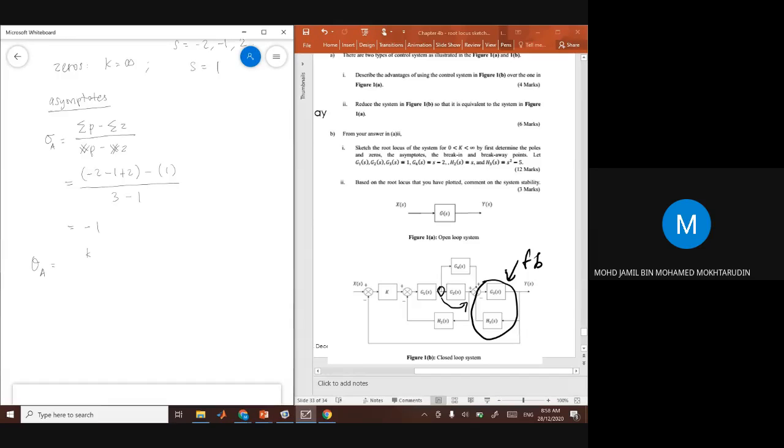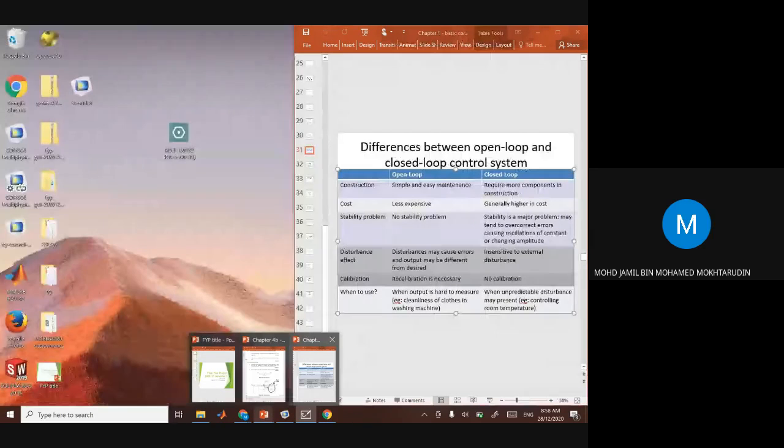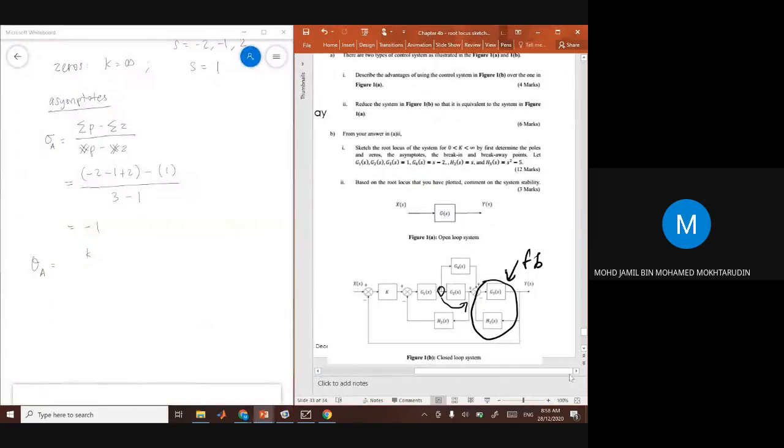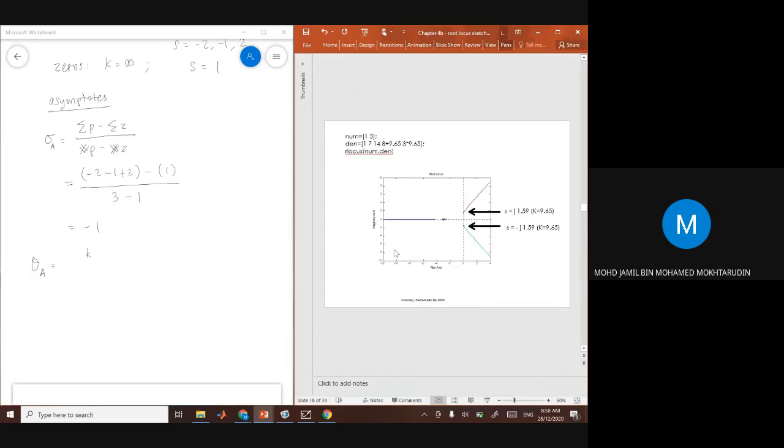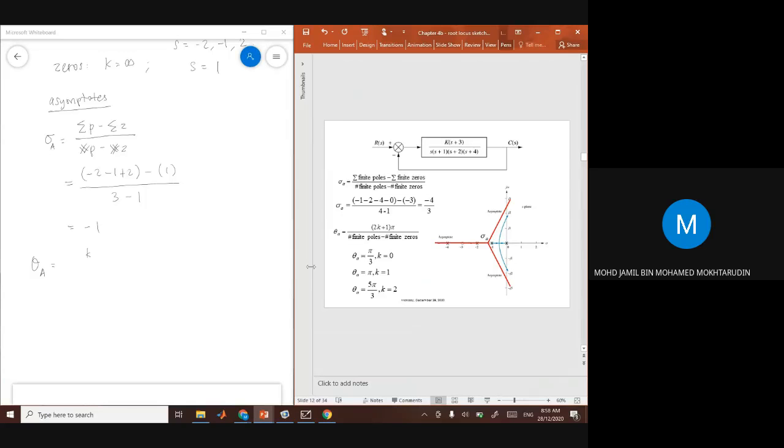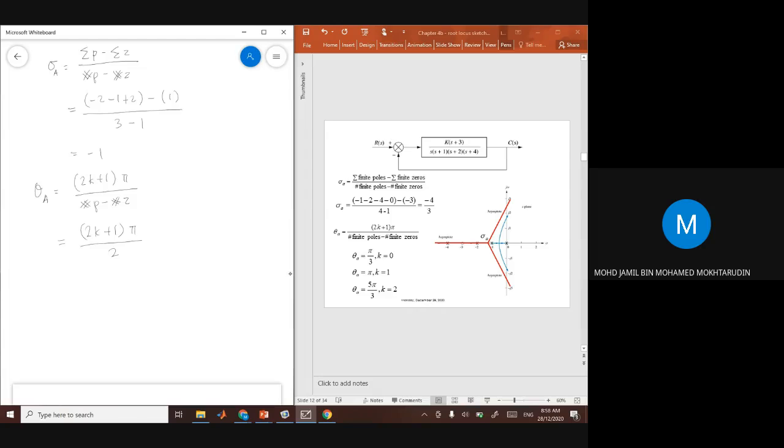apa tak formula lupa dah. Okay, so if k equals 0, you get theta A equals pi over 2.